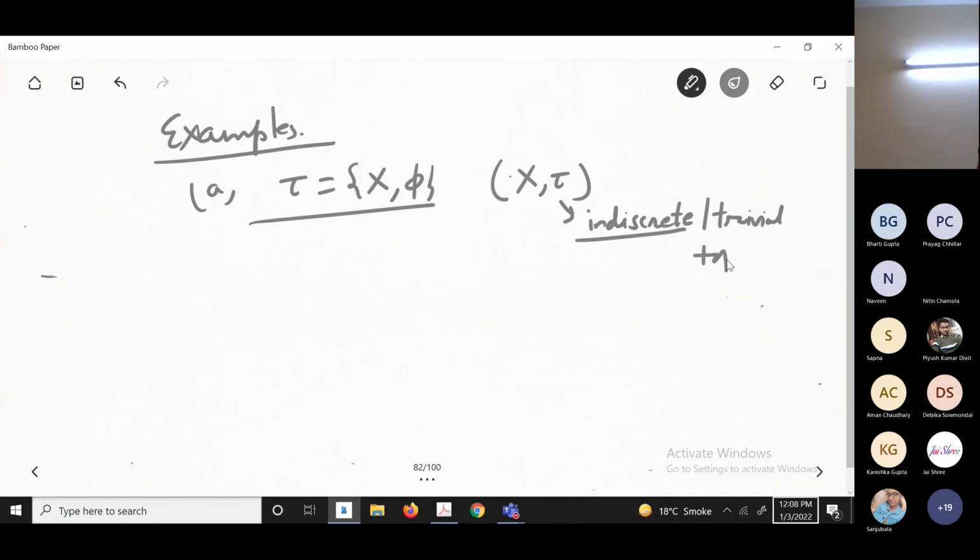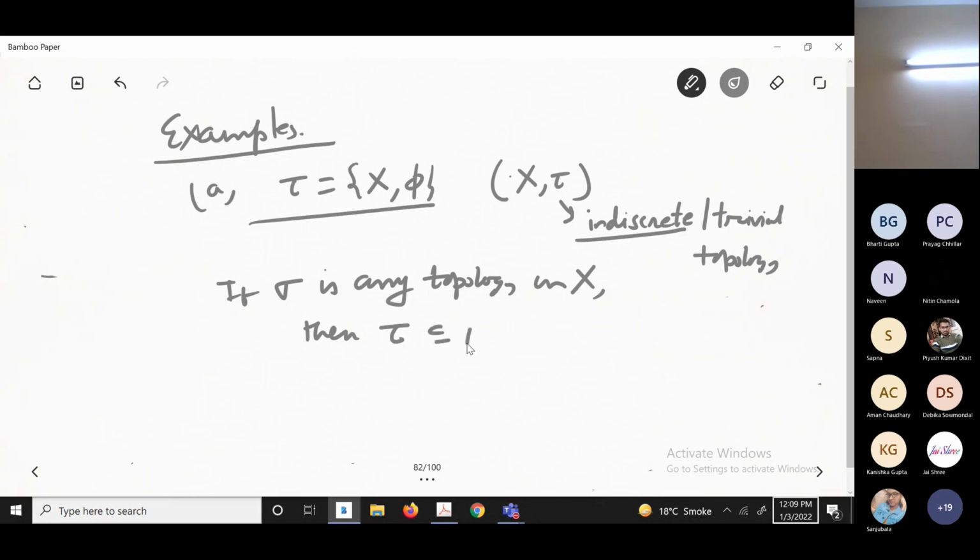Trivial topology. It is smallest in the sense that if sigma is any topology on X, then tau is contained in sigma. Look, it makes sense because they are actually subsets of the power set of X, so in that inclusion, tau will be contained in sigma.